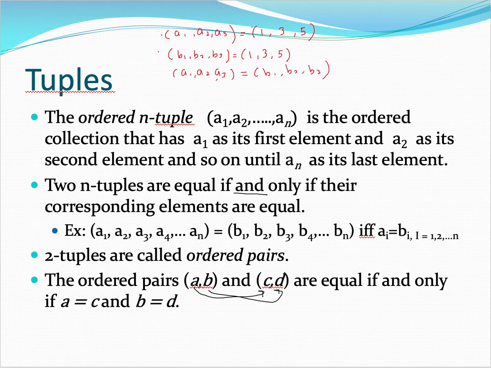Alright, so tuples. The ordered n-tuple (A1, A2, until AN) is the ordered collection that has A1 as its first element and A2 as its second element, and so on until AN as its last element. Two n-tuples are equal if and only if their corresponding elements are equal.